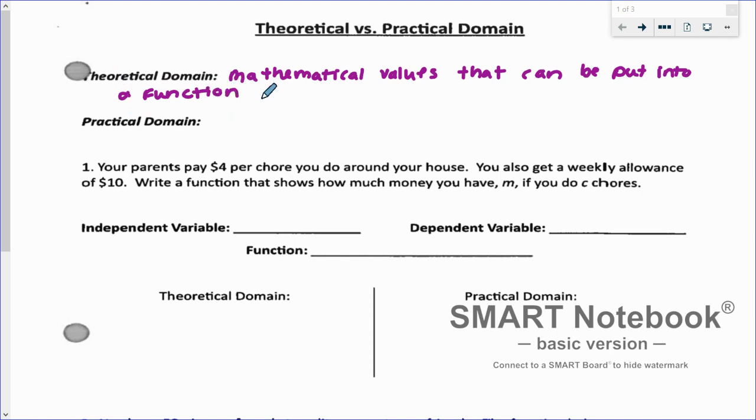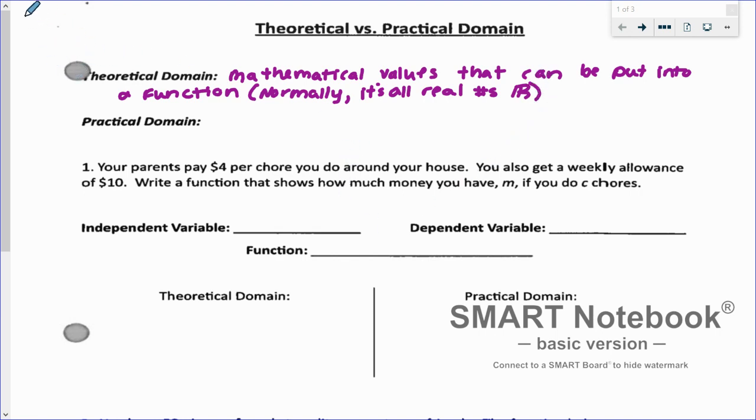So in general, normally it's all real numbers. Normally, pretty much any number can be put into a mathematical function. Remember, the symbol for that is 2 lines and make an R out of it, all real numbers.